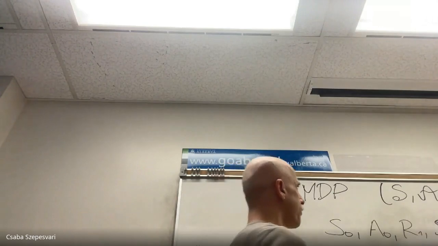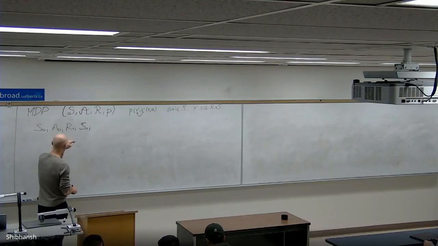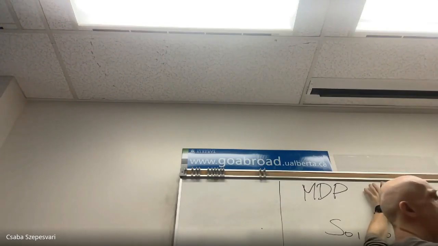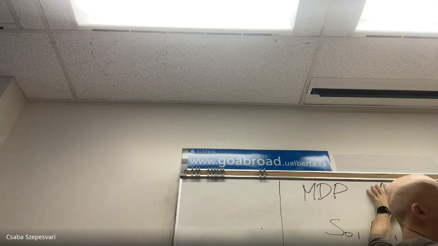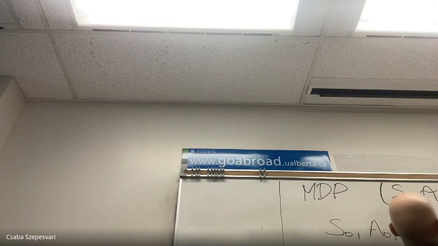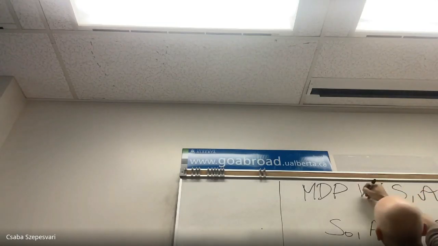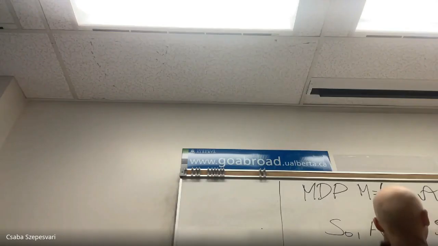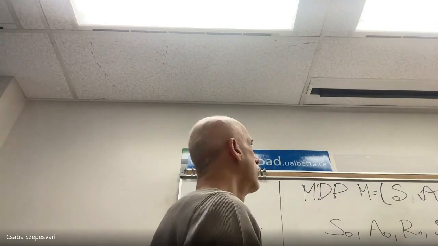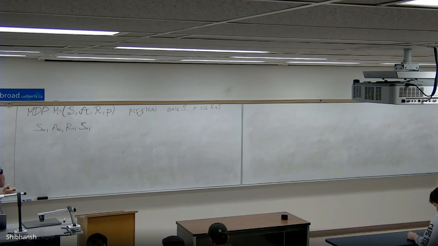All right. When you have this four-tuple, and the book slams in a gamma, whether gamma is part of it or not is a minor factor. Let's give it a name, M, for MDP or model. It models the environment that you're interacting with.